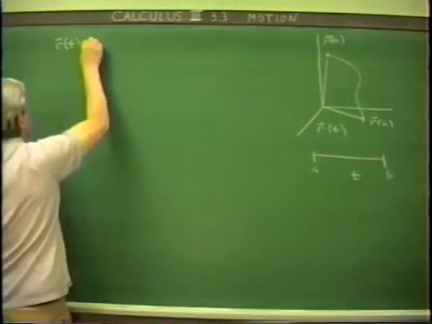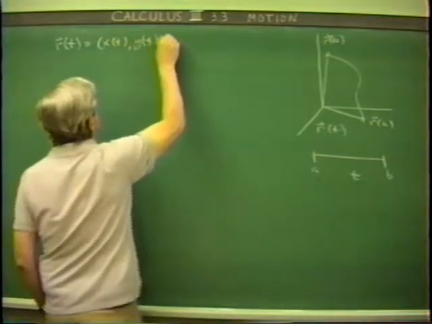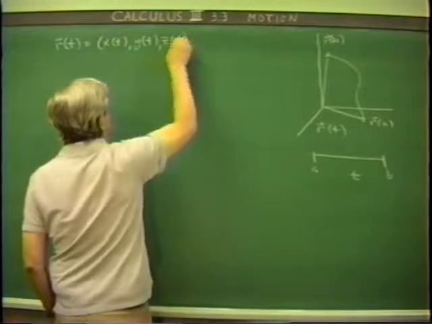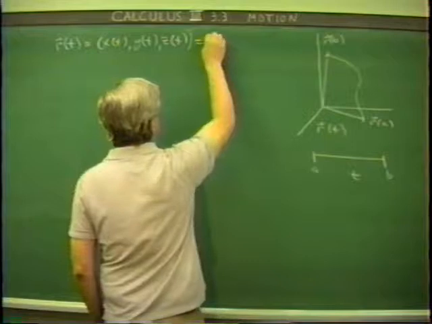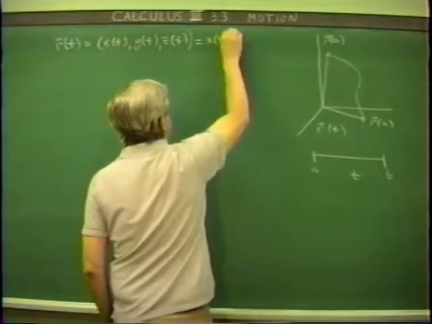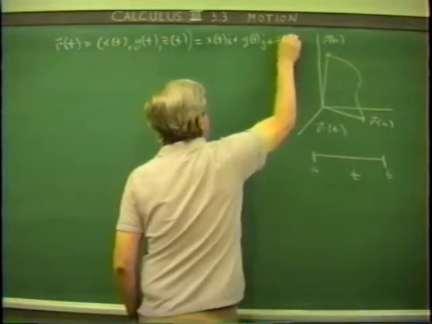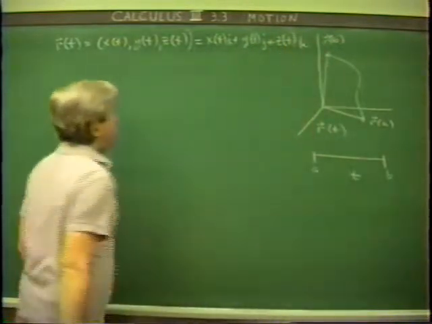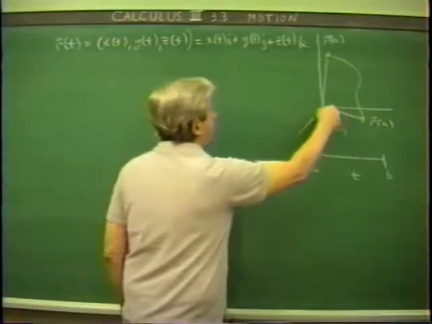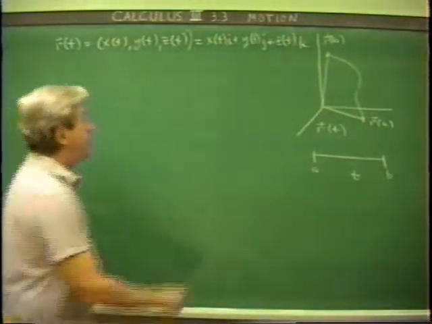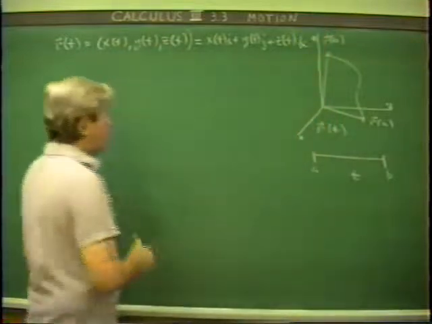So that you can write r of t as x of t, y of t, z of t, or sometimes, of course, we will just as easily write this as x of t i plus y of t j plus z of t k, where i, j, and k are the three unit vectors in the x, y, and z direction.